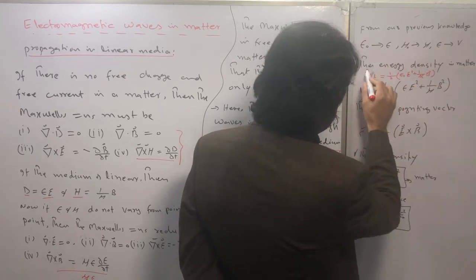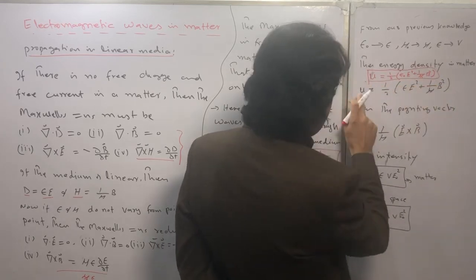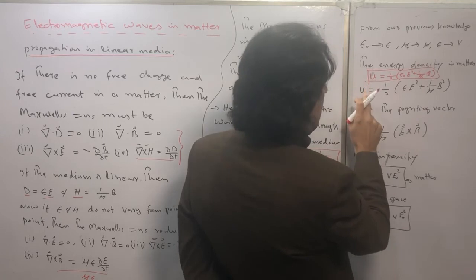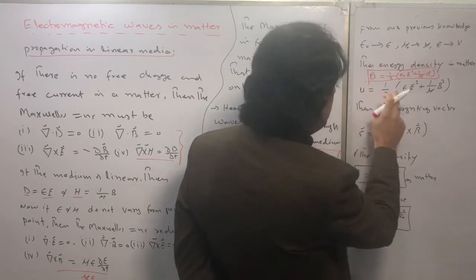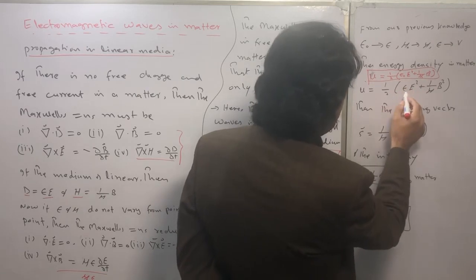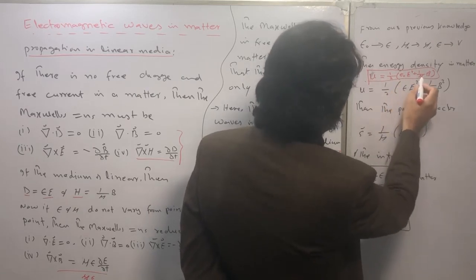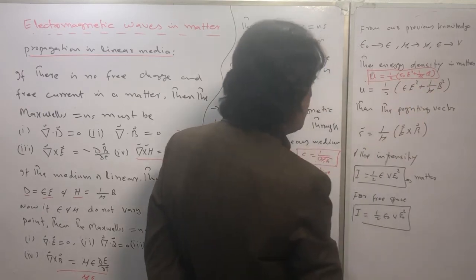This is the energy density for free space, and this one is for a material, because we only replaced epsilon naught by epsilon and mu naught by mu.